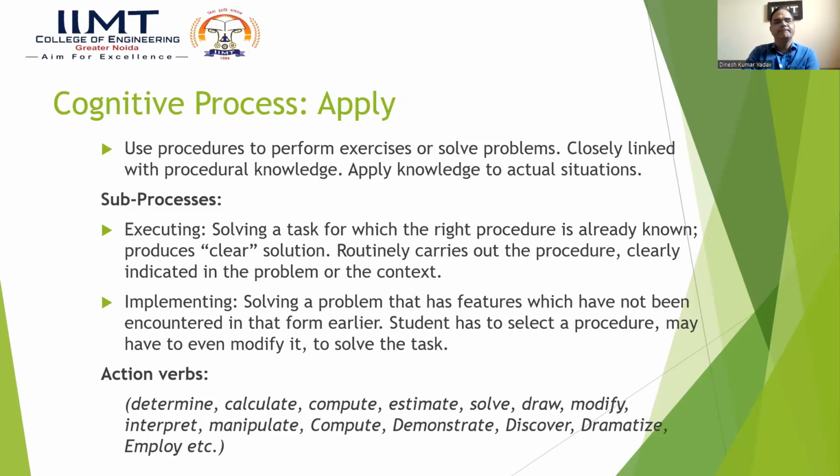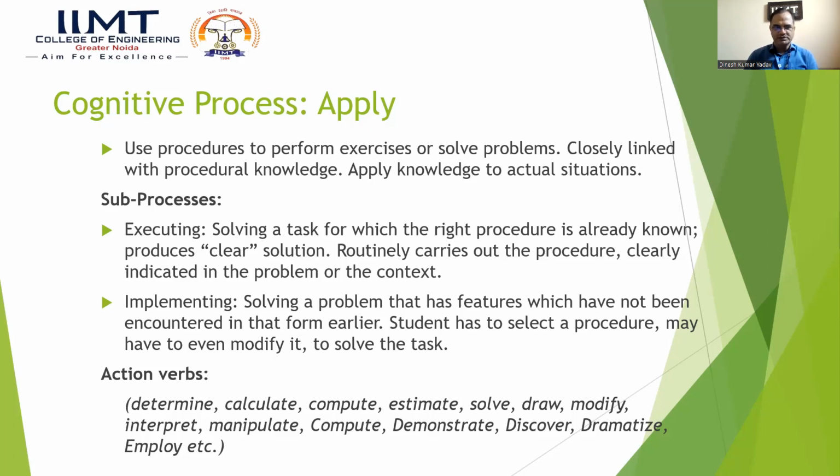Next we have apply. Whatever the learner has acquired, the piece of knowledge from the textbooks or from other sources, if he is able to understand that, and one step beyond that, he is able to apply that knowledge in practical situations, in actual situations, then we say that the user has reached up to the apply cognitive process.